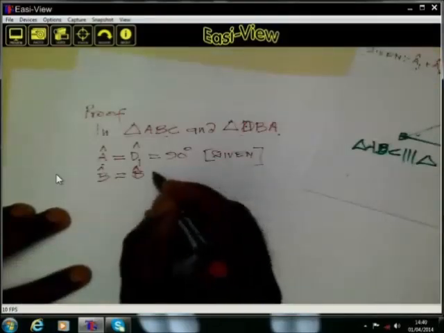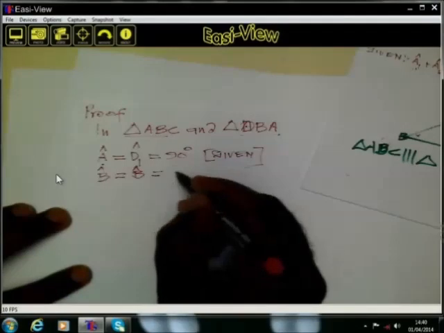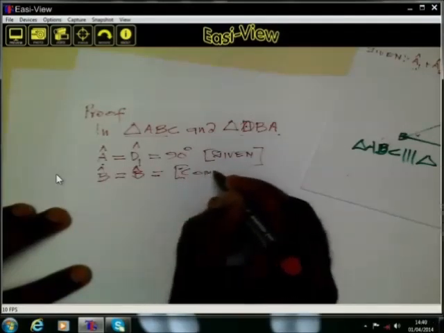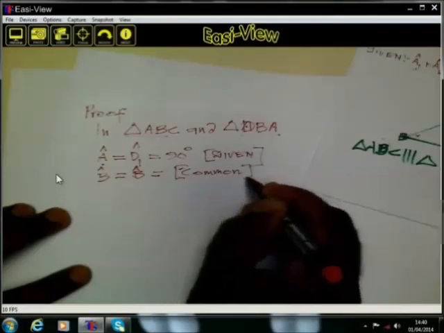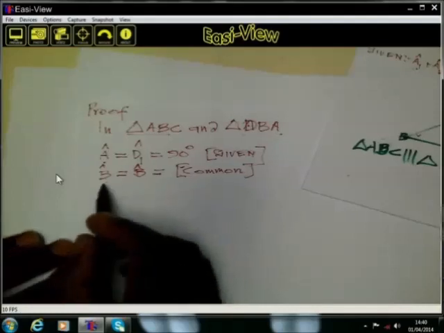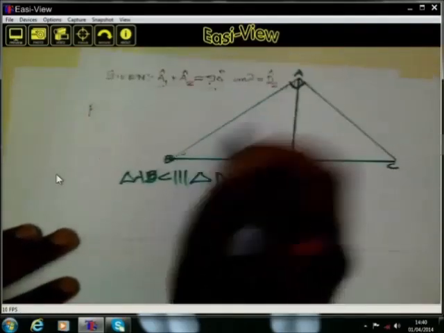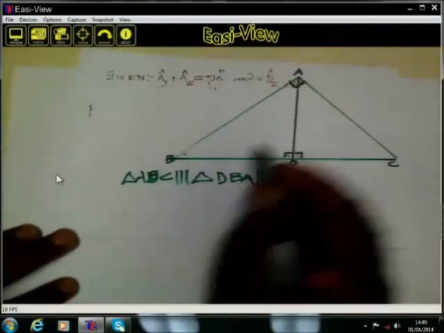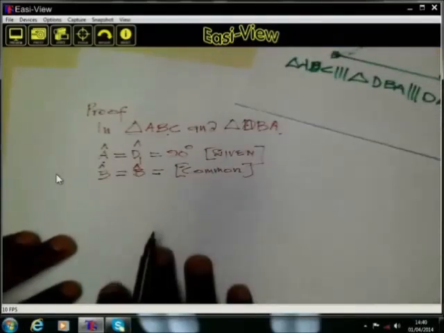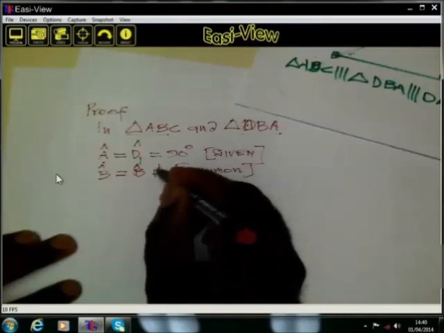The reason for that is this is common. This is a common angle in both triangles. So it means B is common.